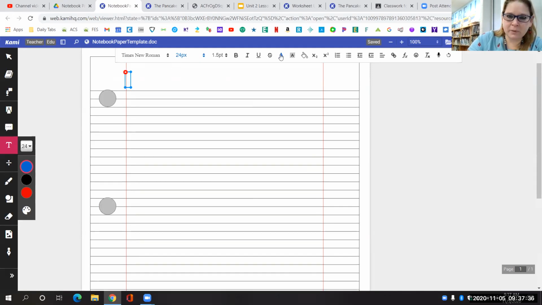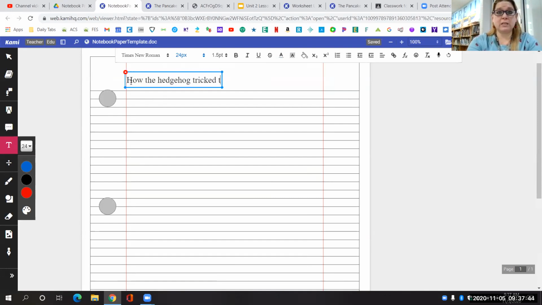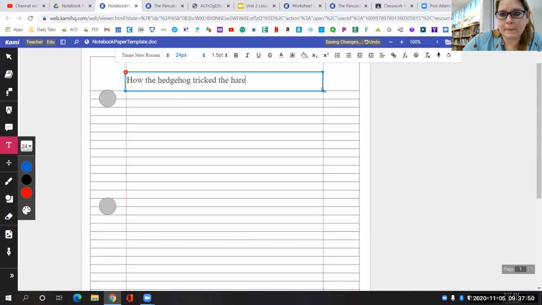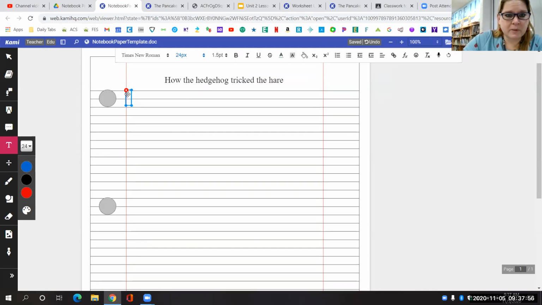I don't want it to be blue though. I'm just going to make it black. All right, so How the Hedgehog Tricked the Hare. There we go. I need another text box, right?